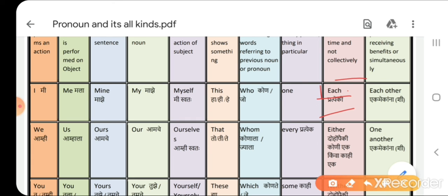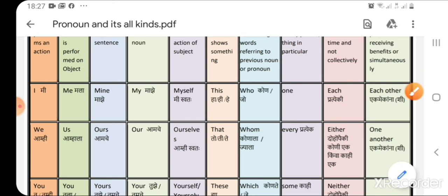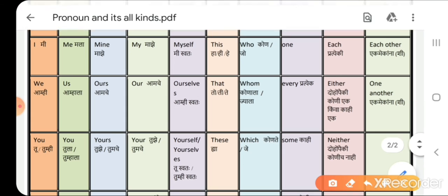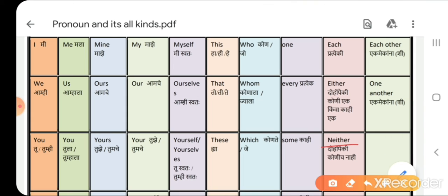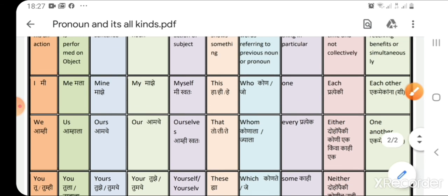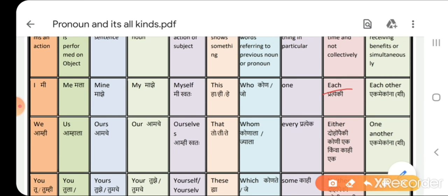Okay, so each, either, and neither, these are the distributive pronouns. For example, either you or your brother will play this game. I bought 50 books for rupees 200 each. Okay, so here I'm not referring to it collectively, but one at a time.